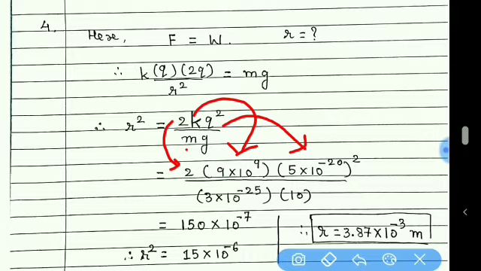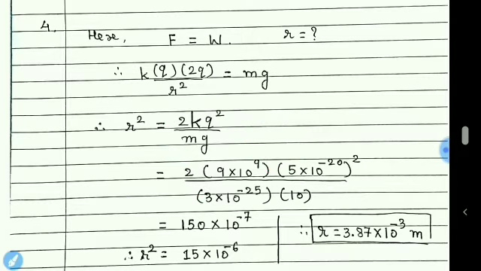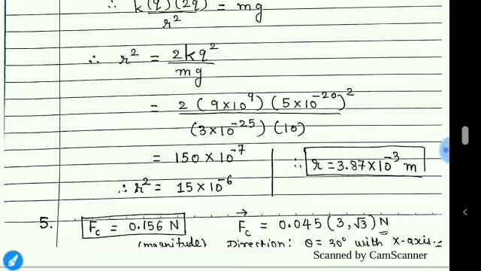Mass of the particle is also given, which is 3 into 10 raised to minus 25. And the value of acceleration due to gravity is 10. After putting these values and calculating, we will get r square is equal to 150 into 10 raised to minus 7.